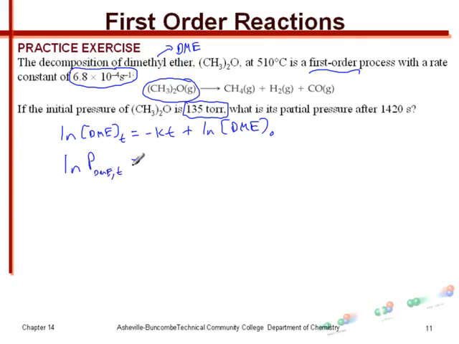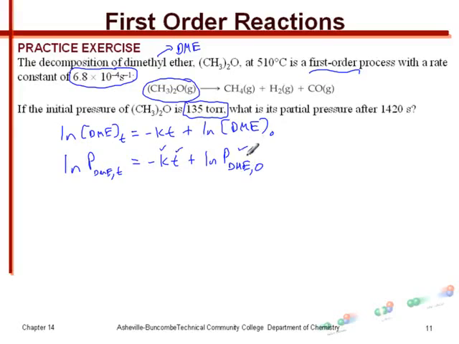introduce some notation that I use a lot. So DME, our ether that we're talking about, at the initial time, the naught here, and then the time t here. So again, we can predict what is a partial pressure at any time in the future as long as we have these three values given.